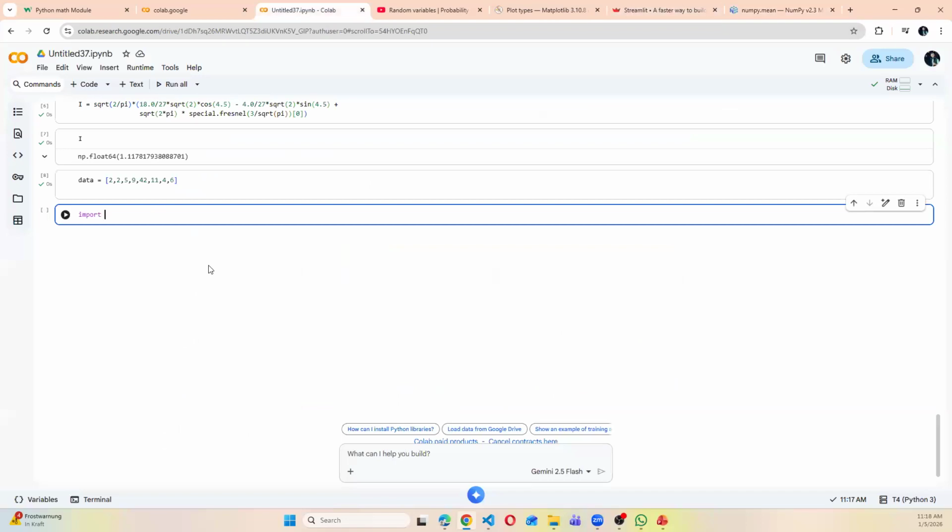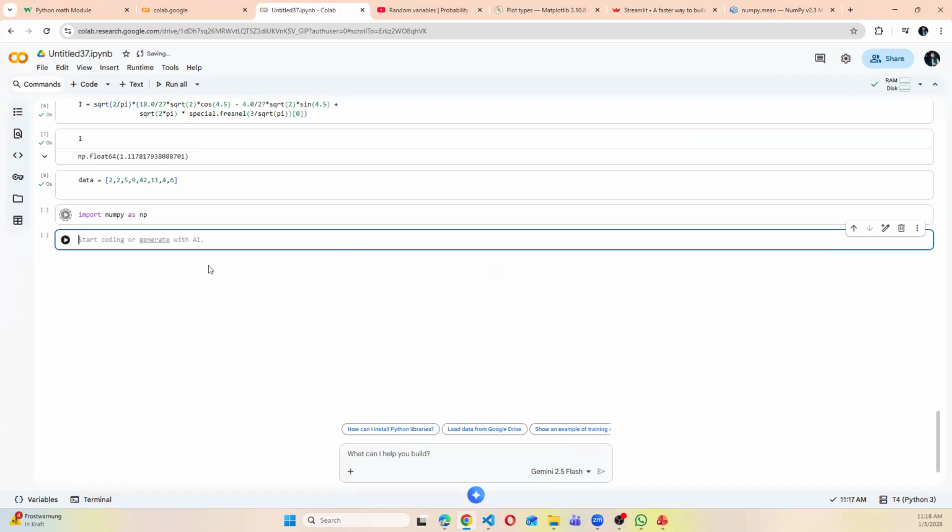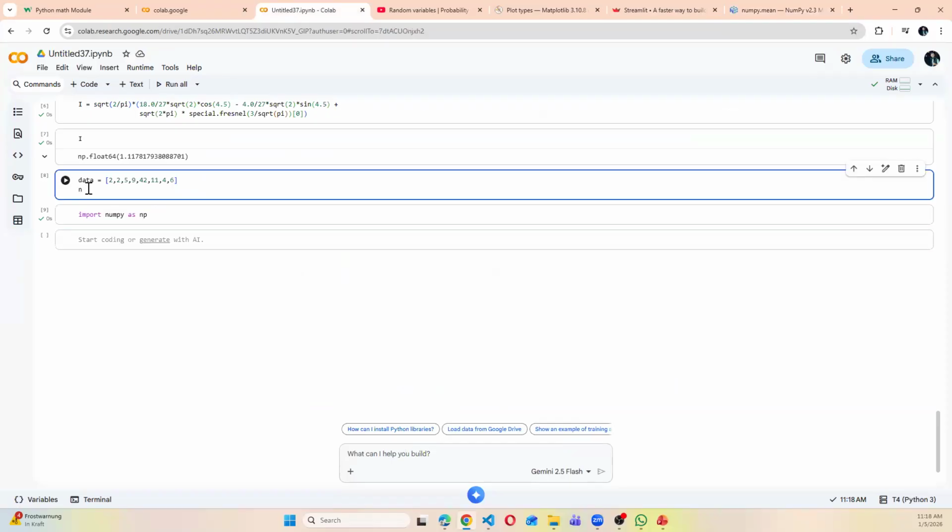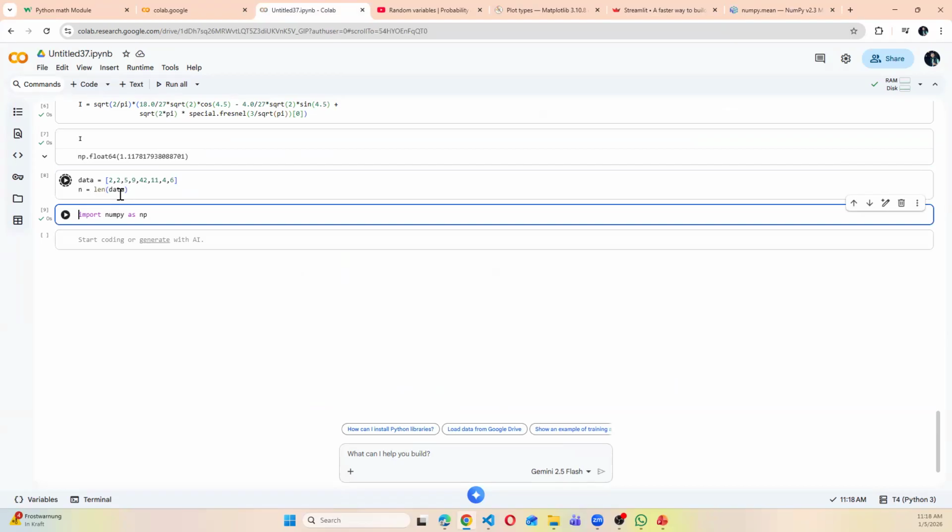I will just say import NumPy as NP, and then I will run this one. Now for some length, n is equal to length of my data. I need a length for this one, or even without length.